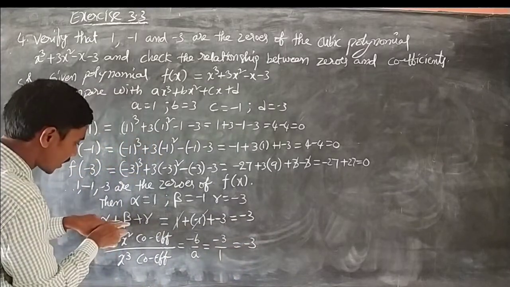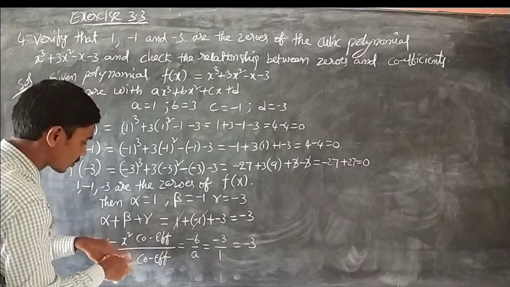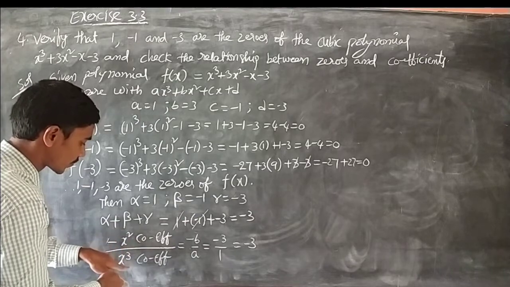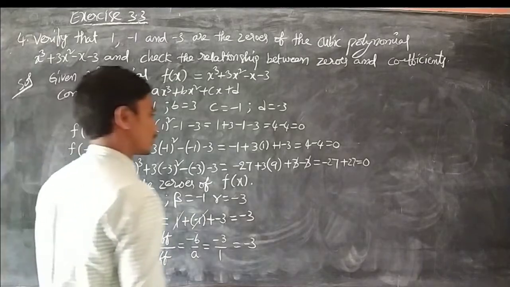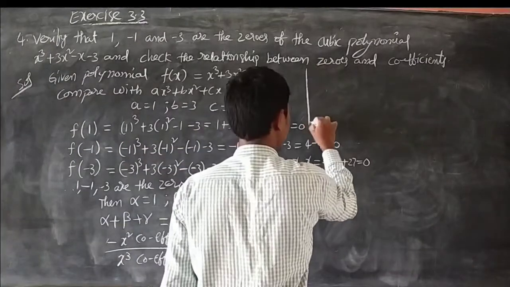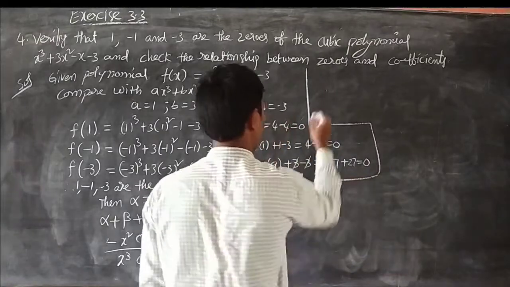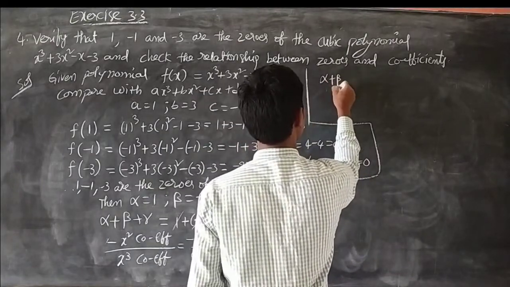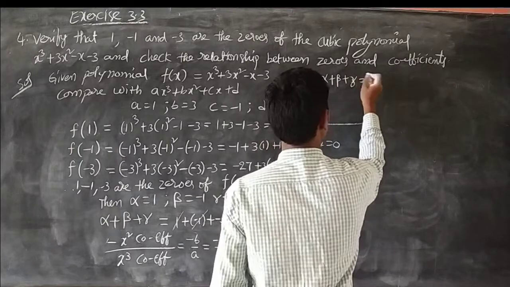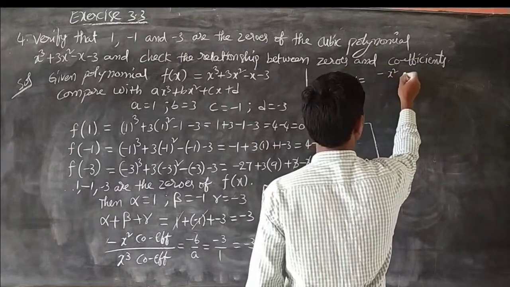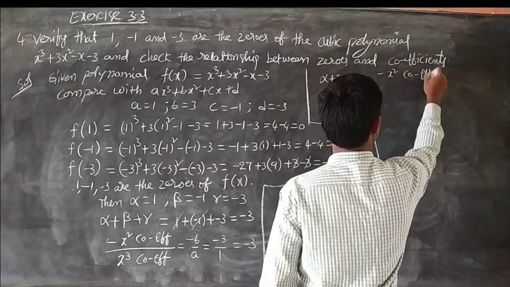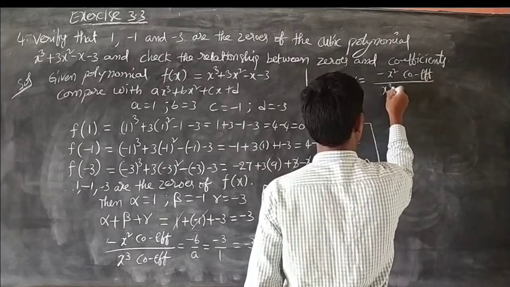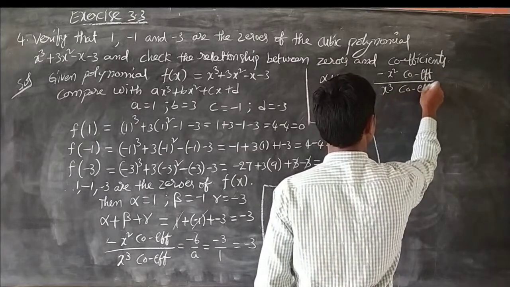You can understand alpha plus beta plus gamma is equal to minus of x square coefficient by x cube coefficient. Here write: sum of the zeros is equal to minus of x square coefficient by x cube coefficient.